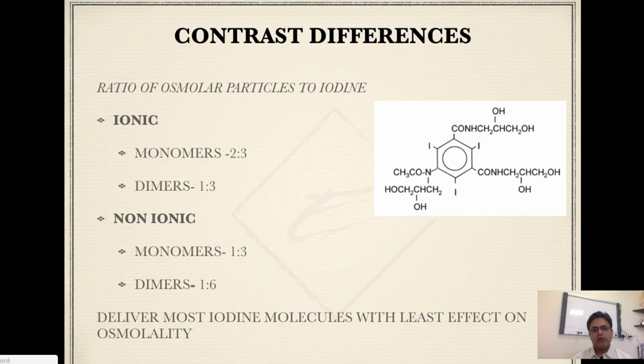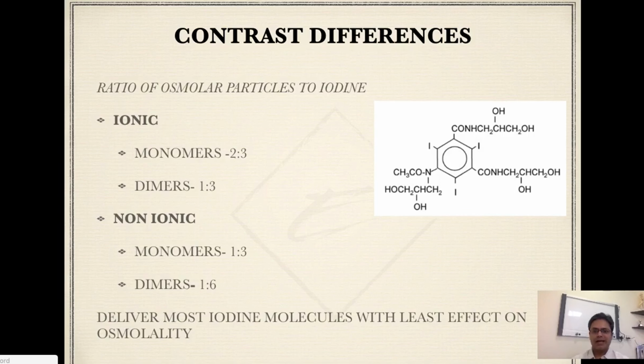The one benzene ring would give us 3 iodine. So the ratio of osmolar particles to iodine is 2 osmolar particles, which are the anions and the cations, and 3 iodine molecules, which gives us a ratio of 2 osmolar particles to 3 iodine molecules.